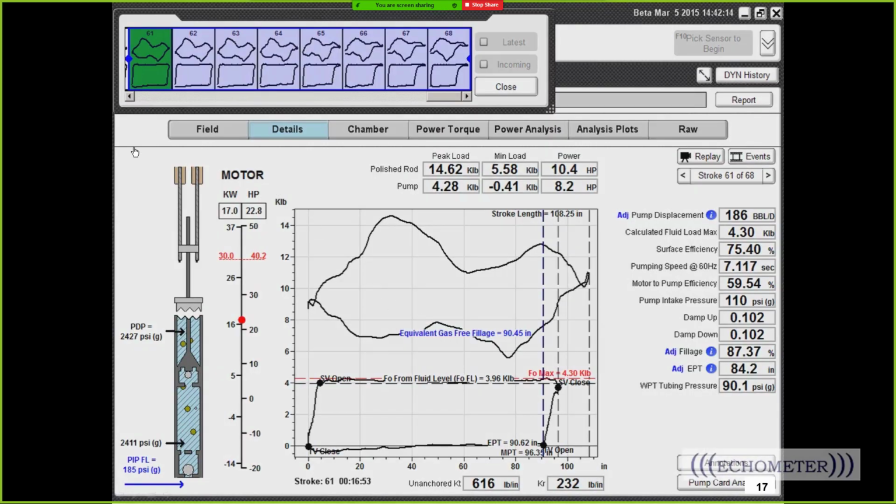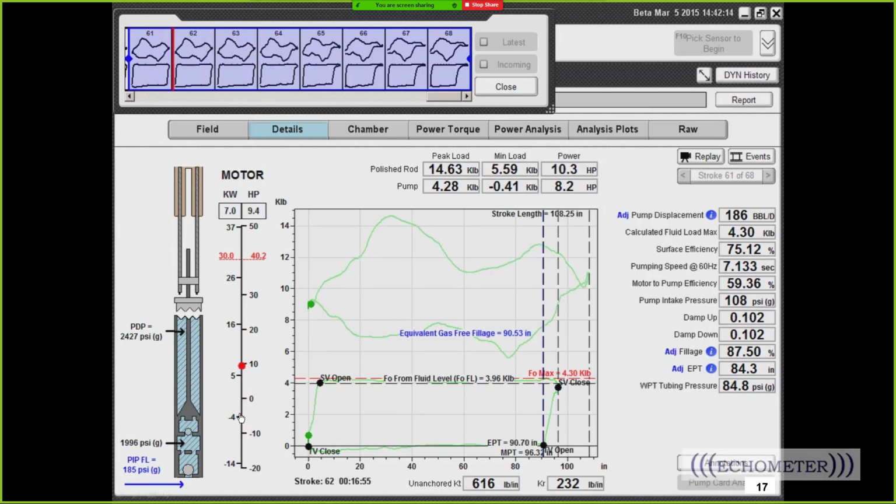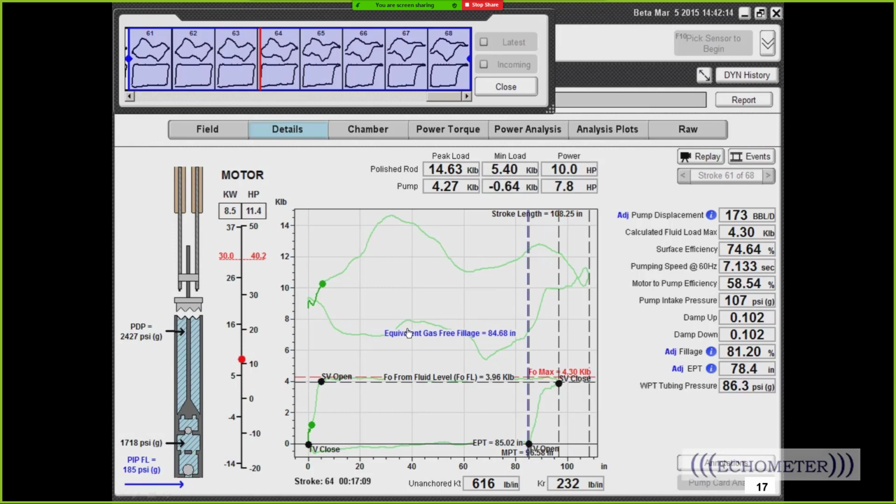Now this is just a video showing how the pump fillage changes, and this is the kW right here. If we look, we can see the kW goes to a maximum. Let's see if we can find it. It starts going to maximum right about there, and it goes to a maximum right in here, I think. Let's look.